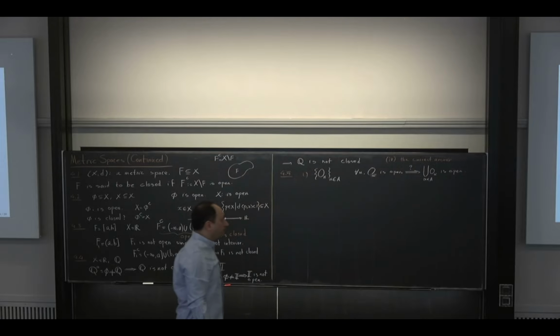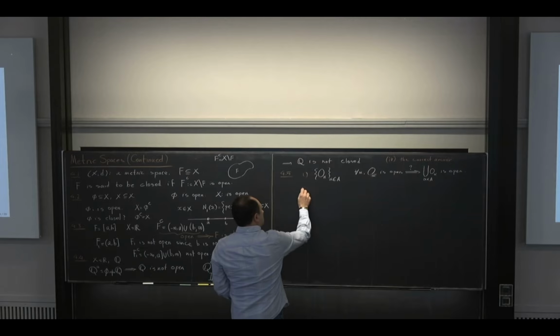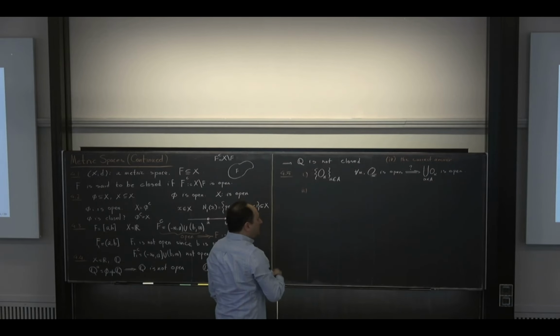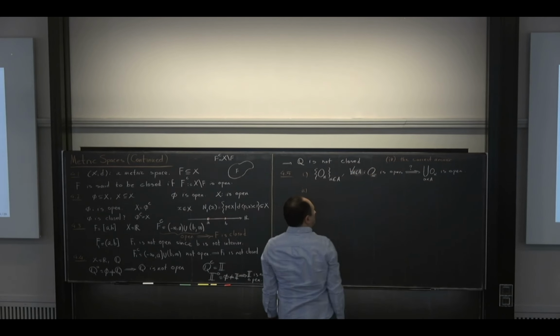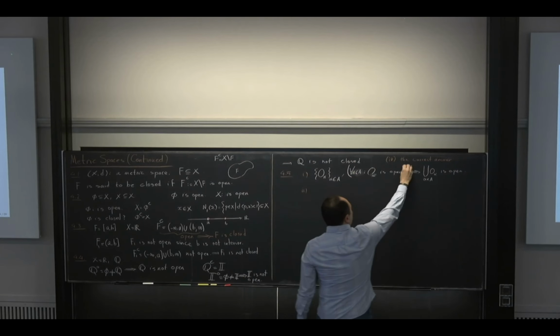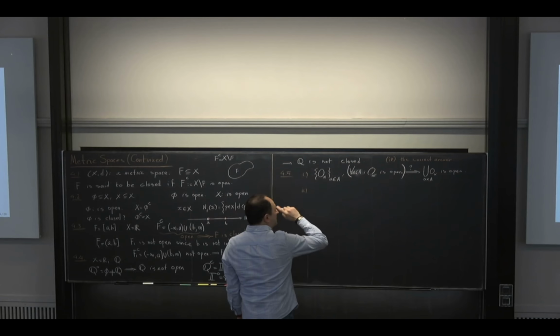Yeah? And part 2 is telling that for intersection you have to be a little bit more careful. So let me also write it for every alpha in A. We know that. And then we want to prove that that's open. For part 2, what we have is a finite number of open sets.